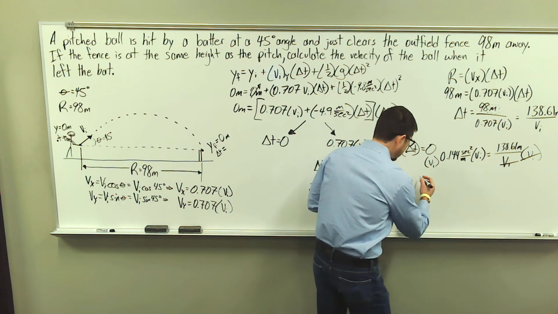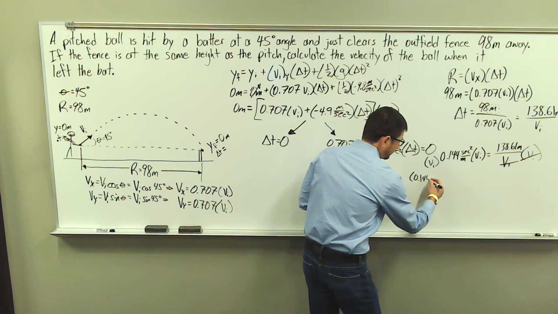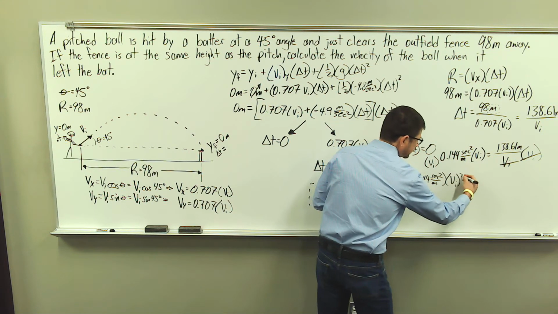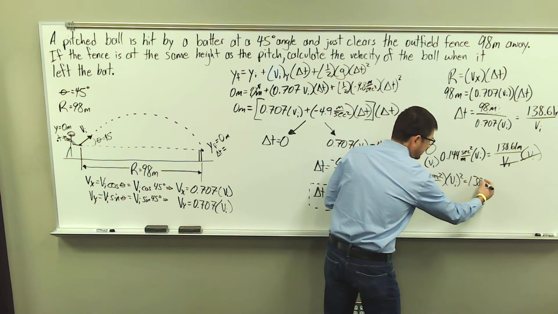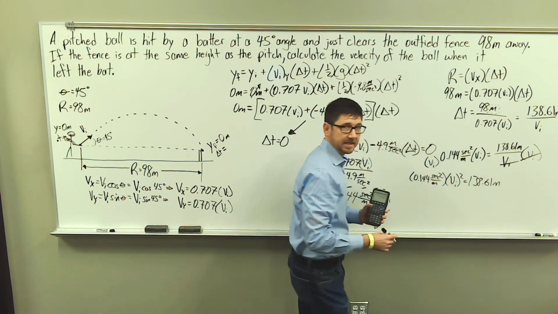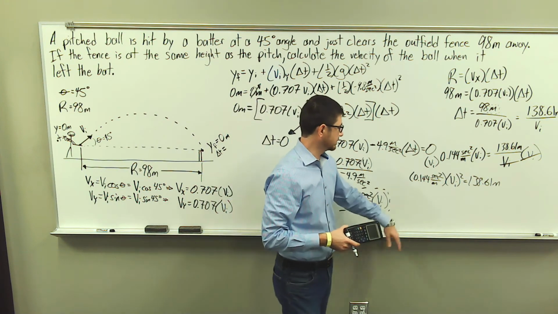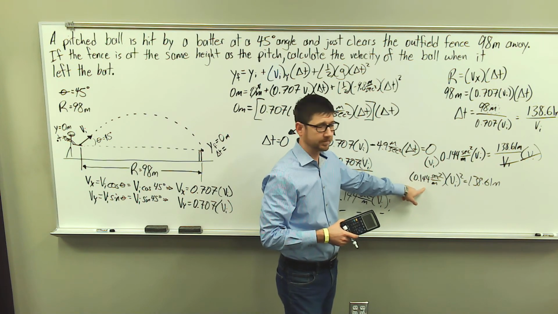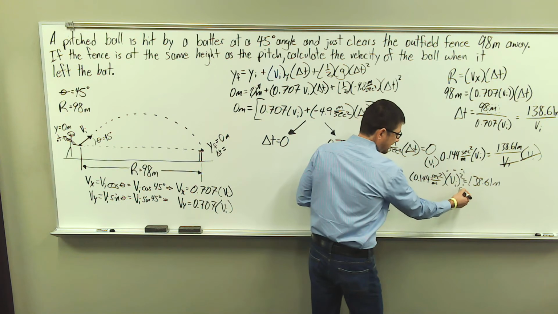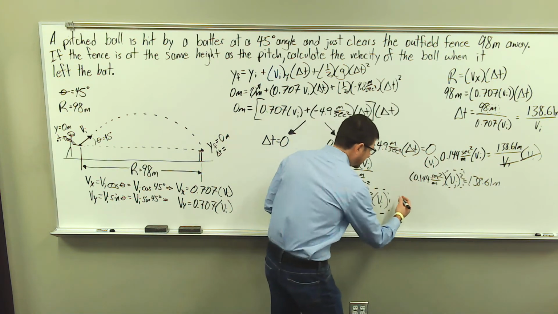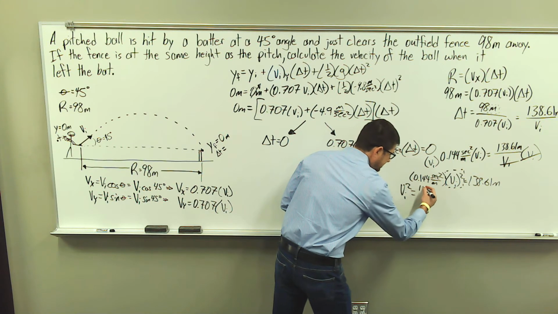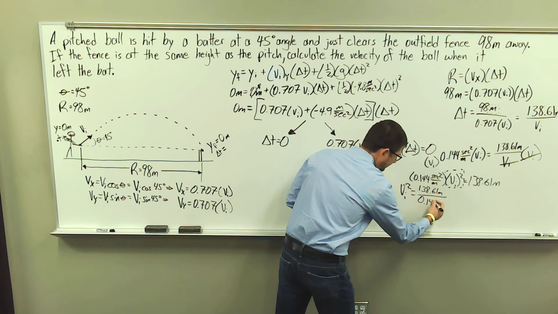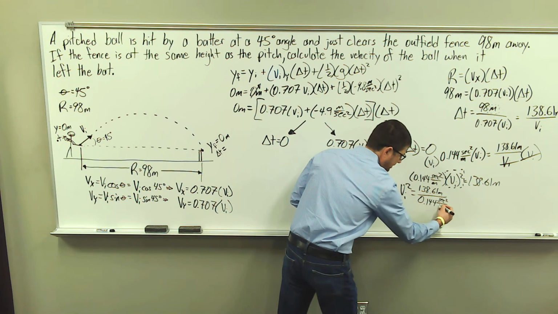So what we have here is 0.144 seconds squared per meter times initial velocity squared is equal to 138.61 meters, okay? Now what we want to do is divide both sides by the 0.144 seconds squared per meter because we're trying to isolate initial velocity squared, okay? So initial velocity squared is equal to 138.61 meters divided by 0.144 seconds squared per meter.